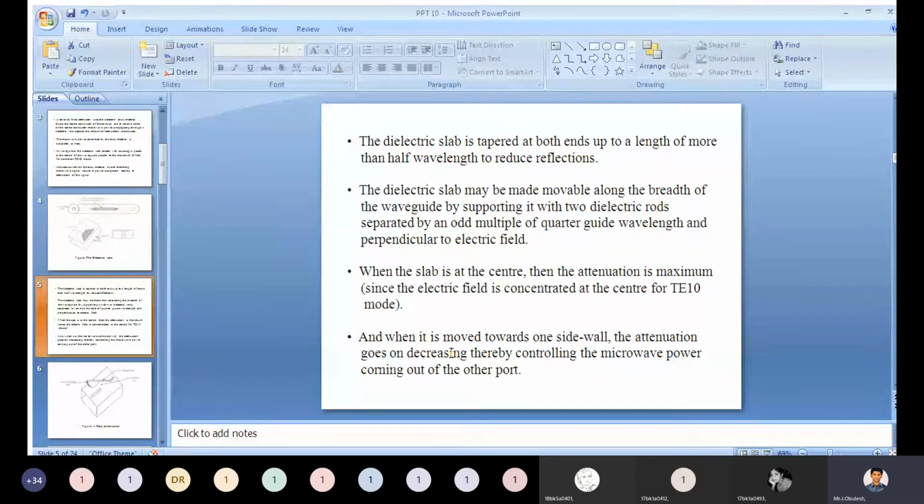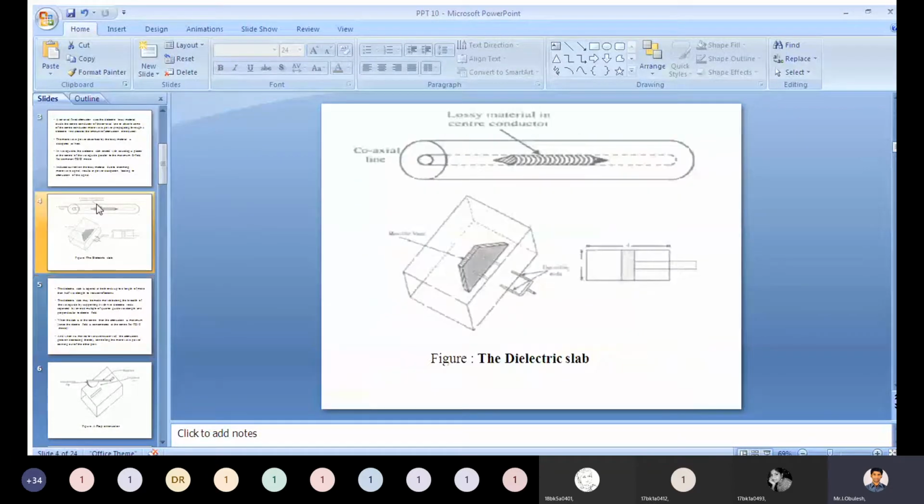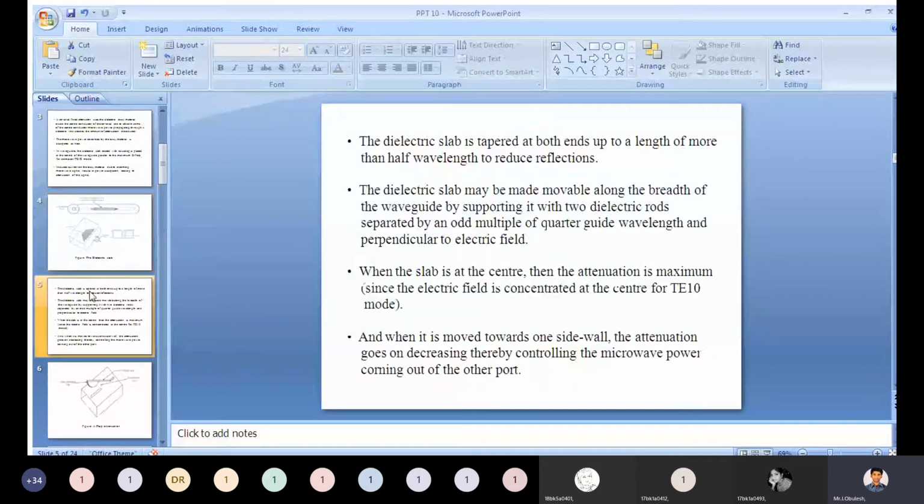This is the flap attenuator. When the slab is moved towards one side wall, the attenuation decreases, thereby controlling the microwave power coming out of the other port.